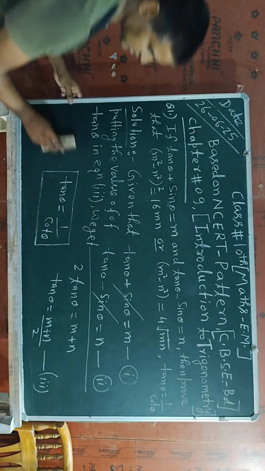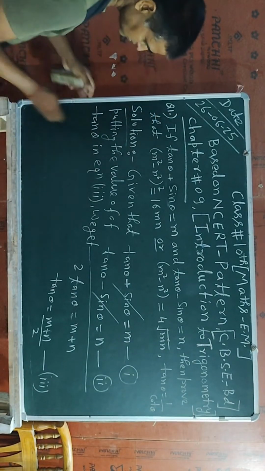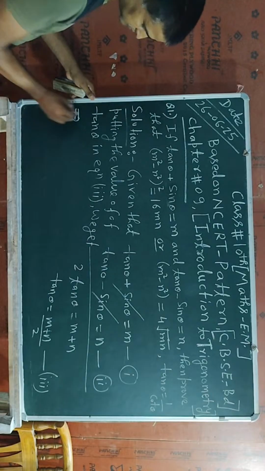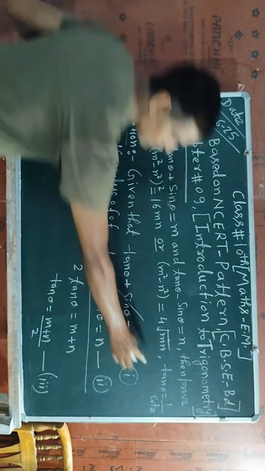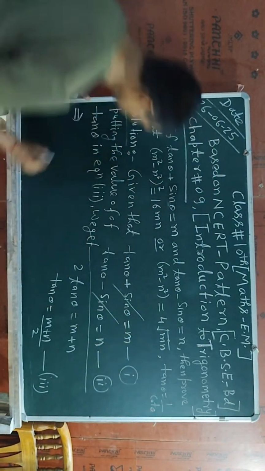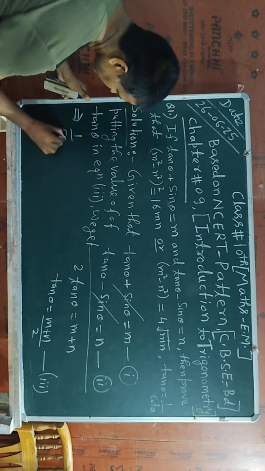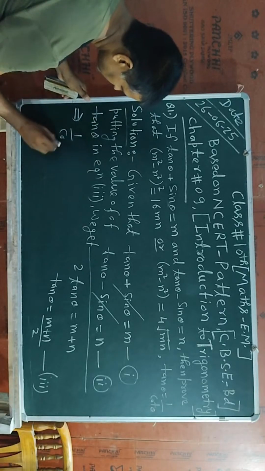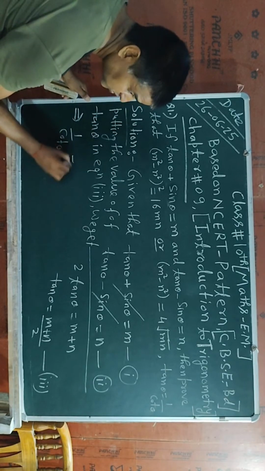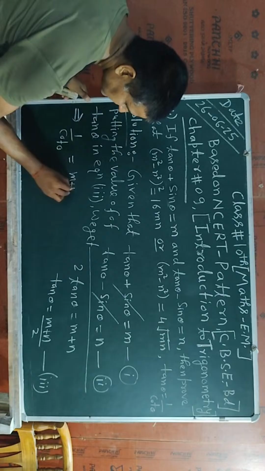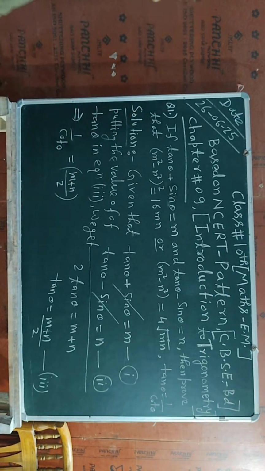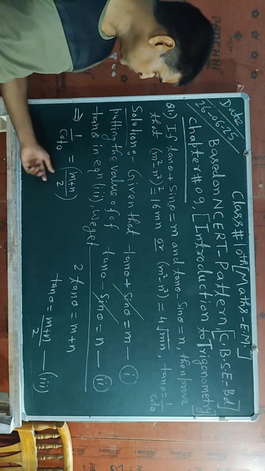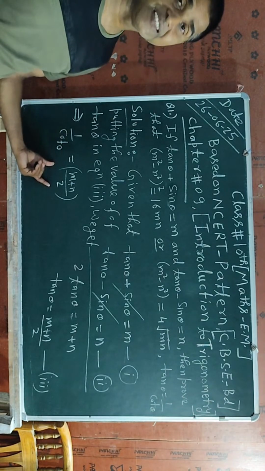Okay, students, so here I am going to use this information. In the place of tan theta, I will put 1 divided by cos theta, which is equal to m plus n divided by 2. Okay, students, here you see this is the left hand side and this is the right hand side.